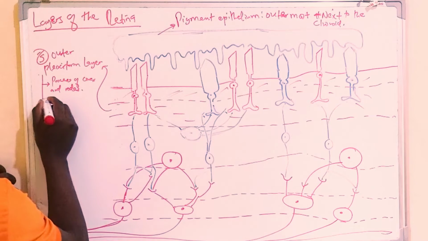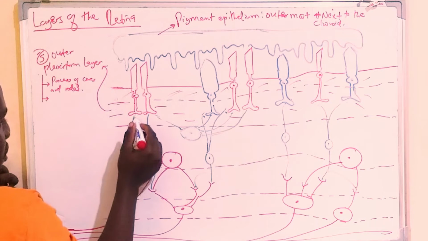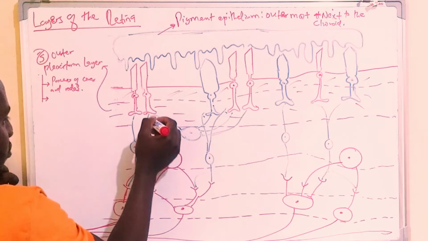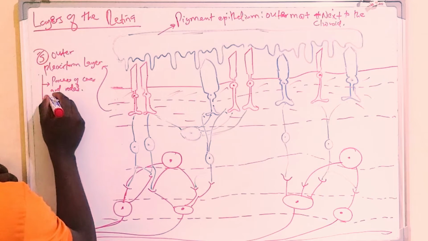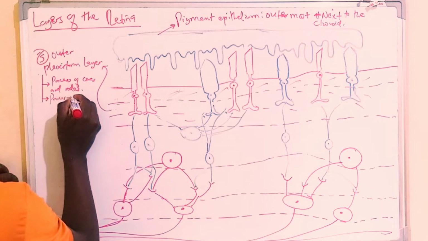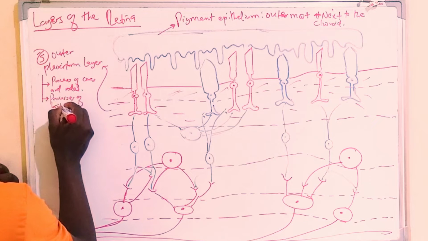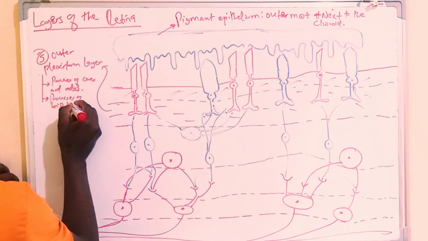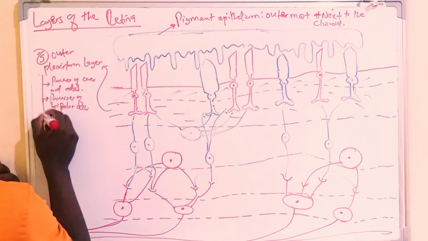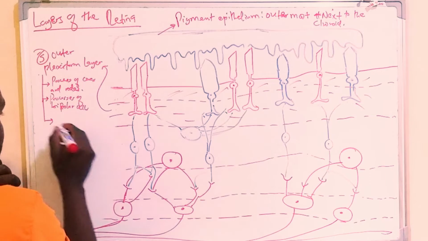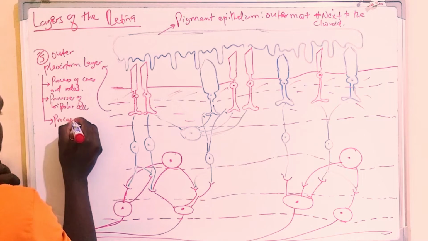Then processes of bipolar cells. You can see these dendrites of bipolar cells there. Then you have processes of horizontal cells.